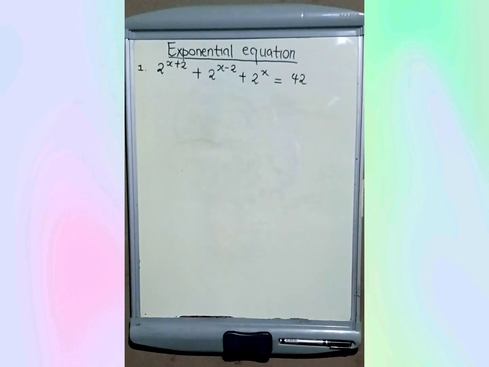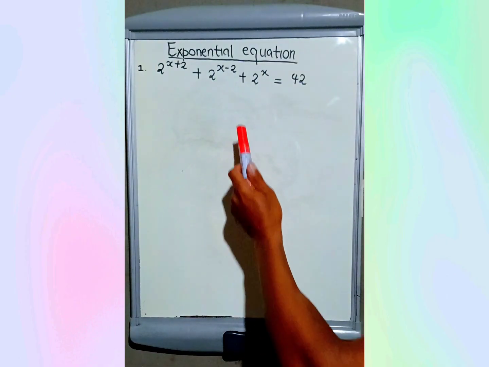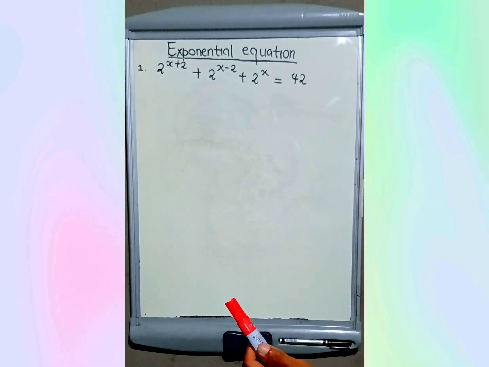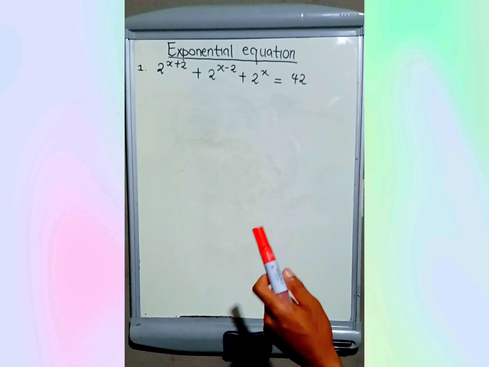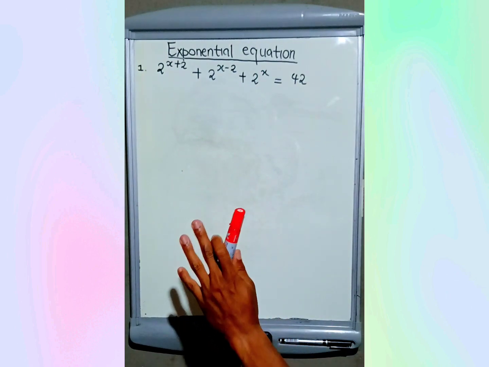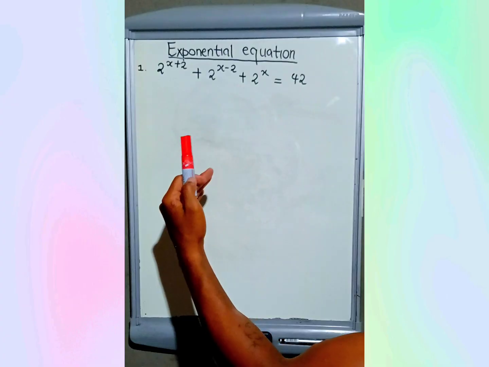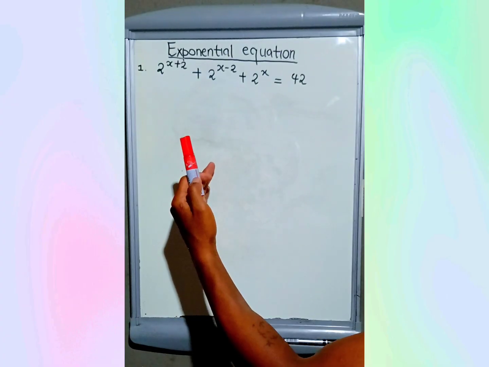Okay, then first is first, you need to make sure that on the left hand side, the variable stands alone. You need to separate the variable. The variable must stand alone with a base.